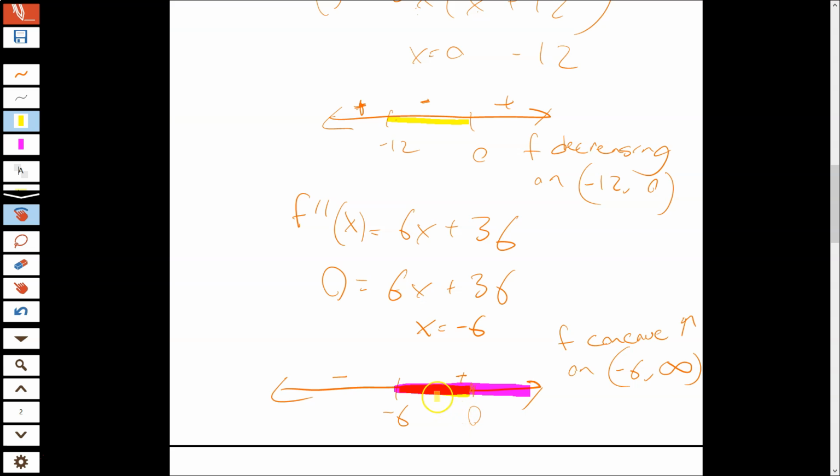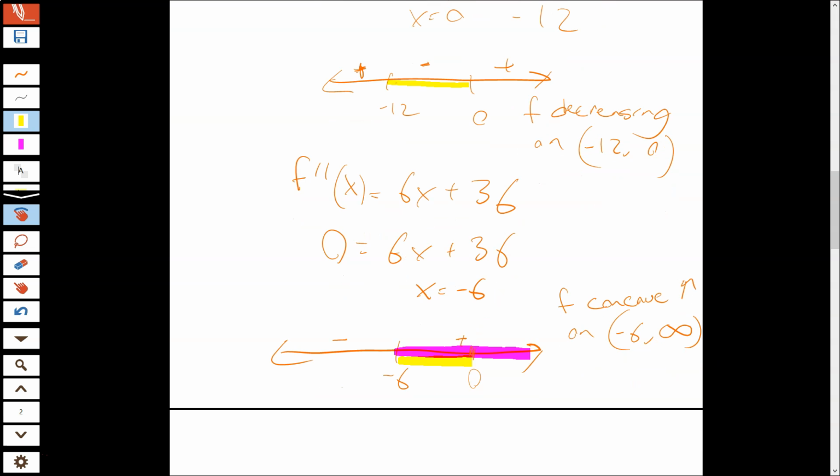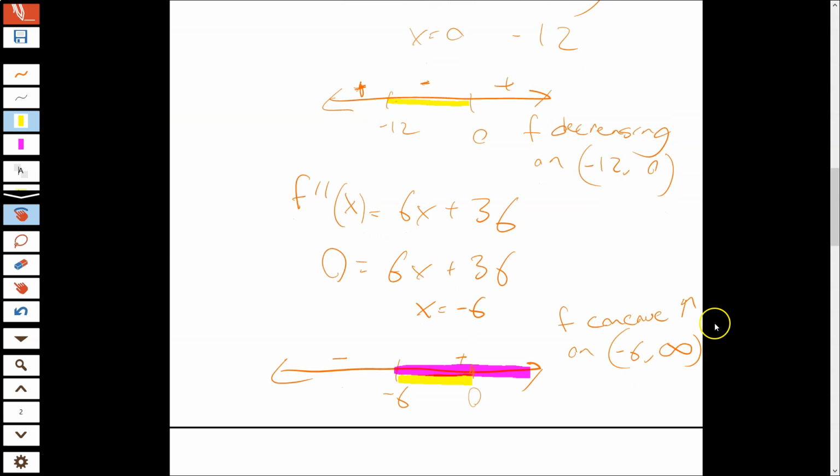Oh, and that's unfortunate that that makes it red. So there's our overlap. So the region we're interested in is from -6 to 0. So this is our conclusion here: f is both decreasing and concave up on -6 to 0.